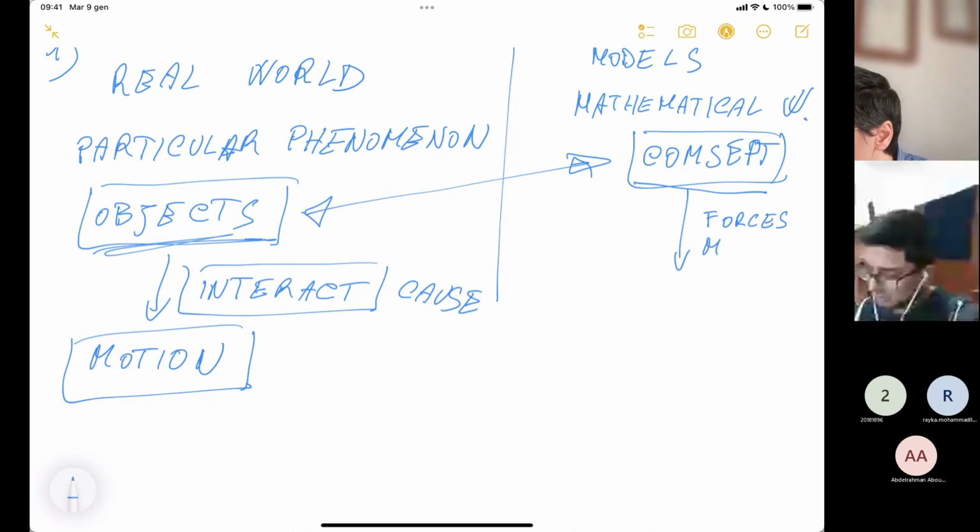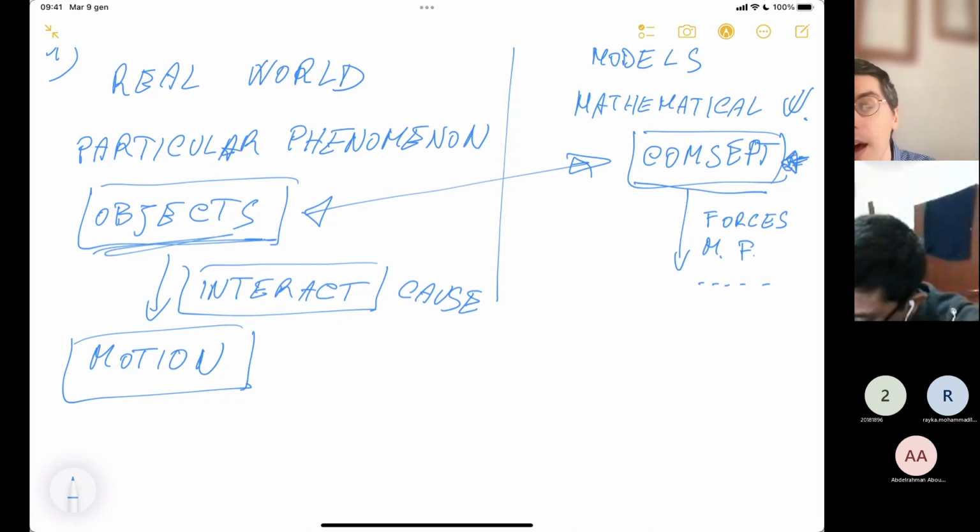moment of forces, and others that you can add. Of course, you can add depending on what kind of object you define at the beginning.